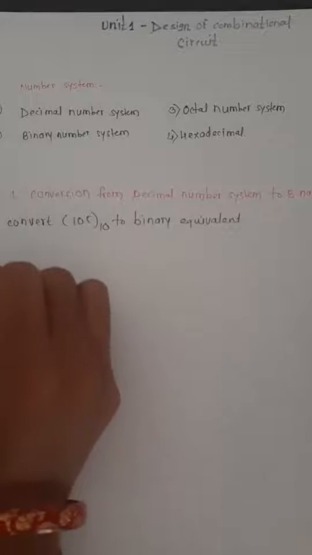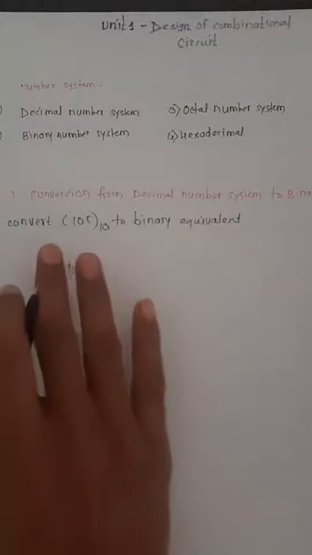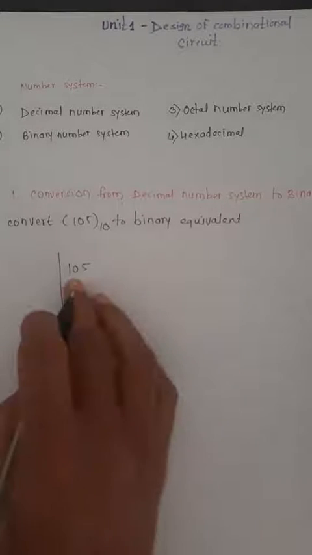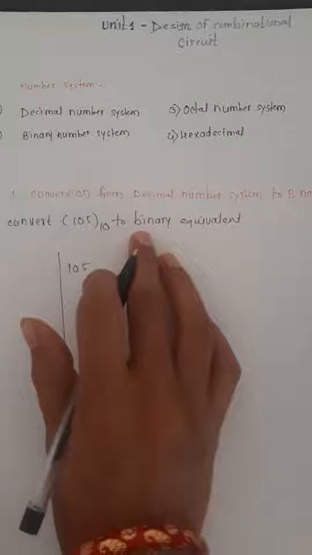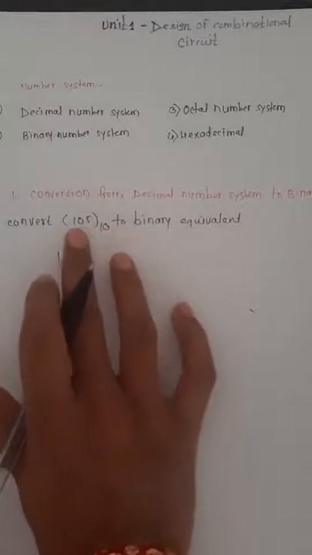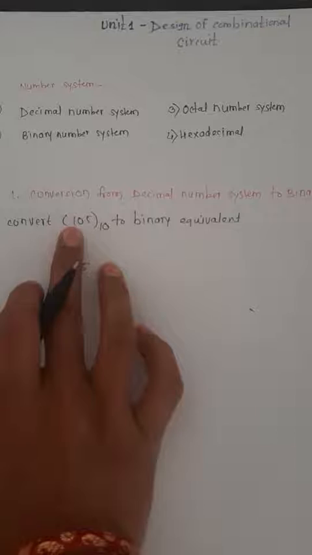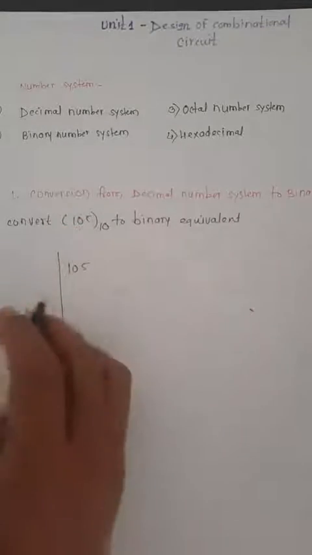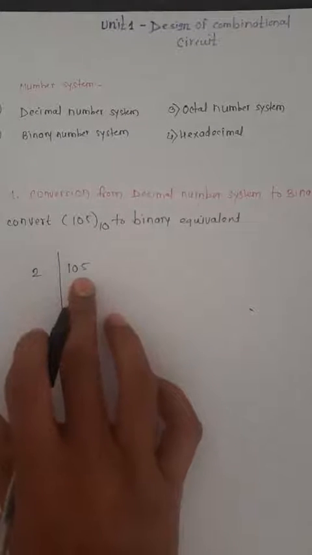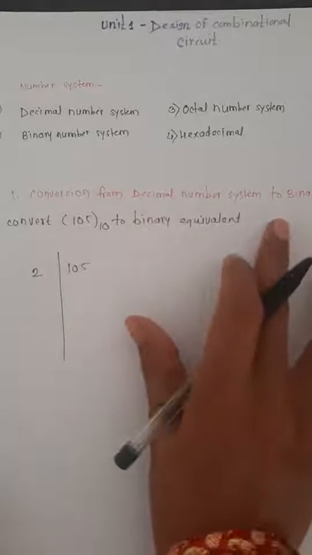Here the first step is, the given decimal number is written here, and in which number system we have to convert, divide that decimal number by the base of that system. So here we have to convert decimal number into binary number system. So divide this decimal number by the base of binary. The base of binary number system is 2. So divide 105 by the base 2.